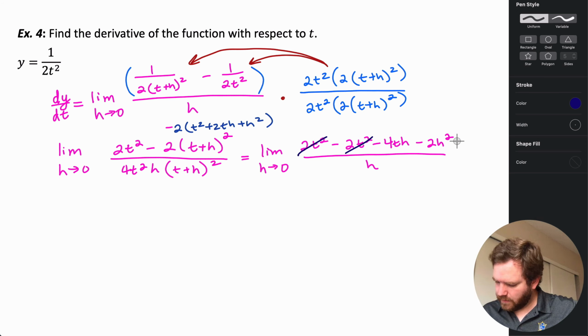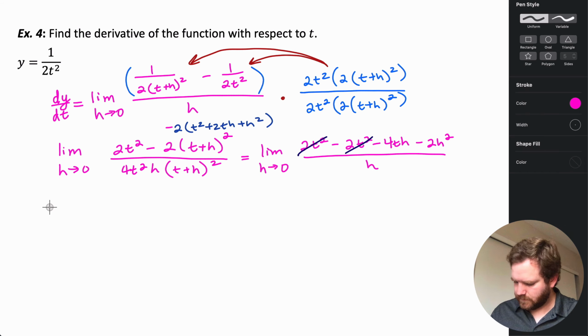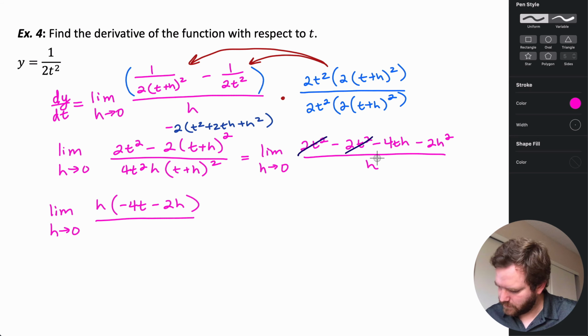We can factor out an h from the top, and that's going to leave us with the limit as h approaches 0 of h times negative 4t minus 2h all over 4, oh, whoops, this is not right.